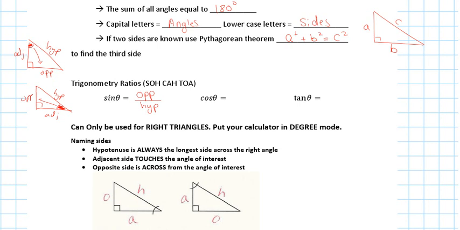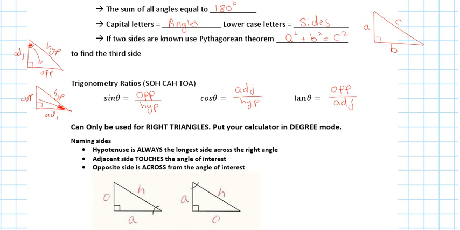Cosine? And tan is? Opposite over adjacent. Nice. So it depends on which sides I have or which side I'm looking for, then I pick the trig ratio that I need. Remember that this can only be used with right angle triangles.